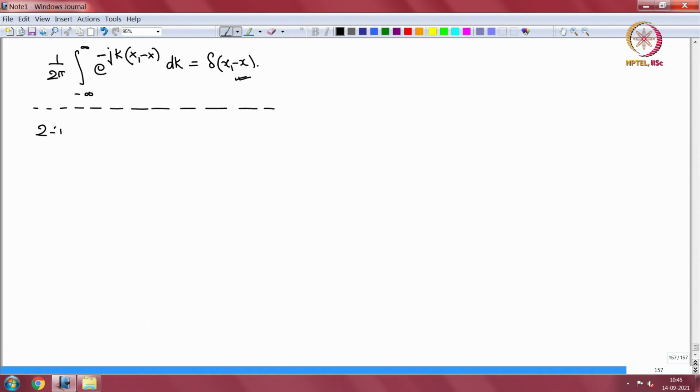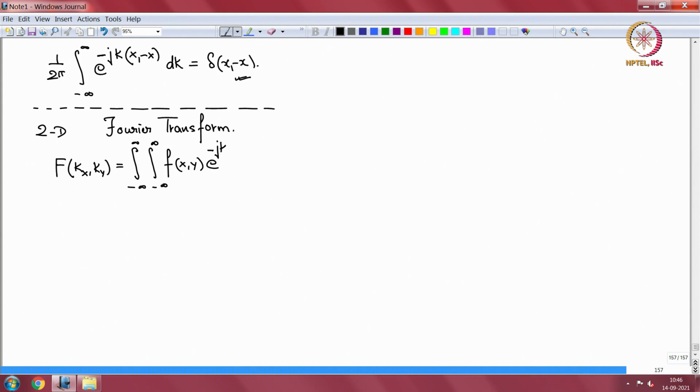Let's look at 2D now, the 2D Fourier transform. We have the forward F of kx comma ky equal to the integral of f of x comma y times e to the power minus j kx x minus j ky y, dx dy.